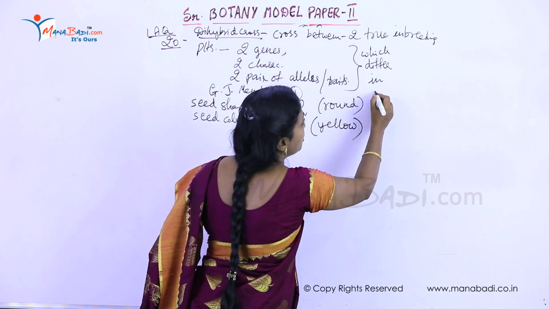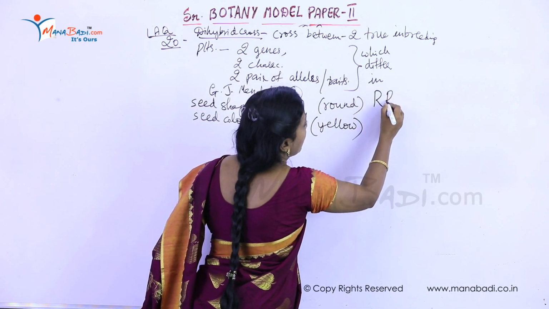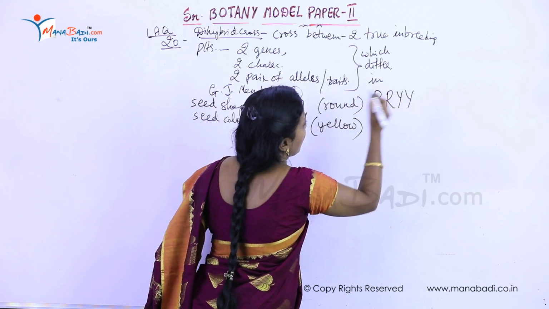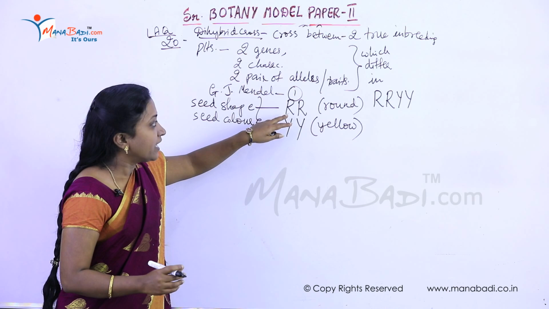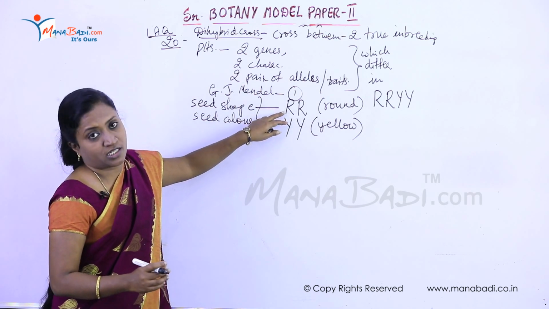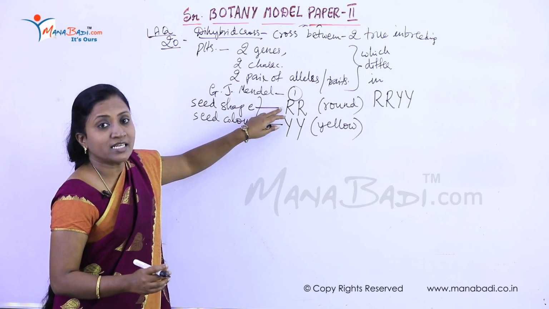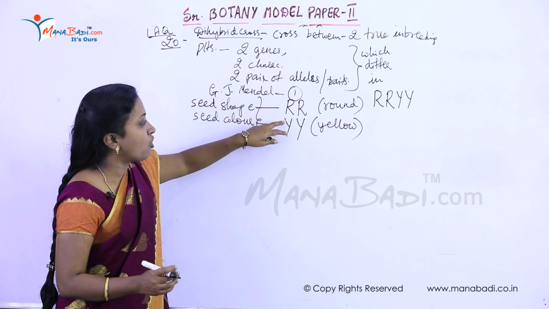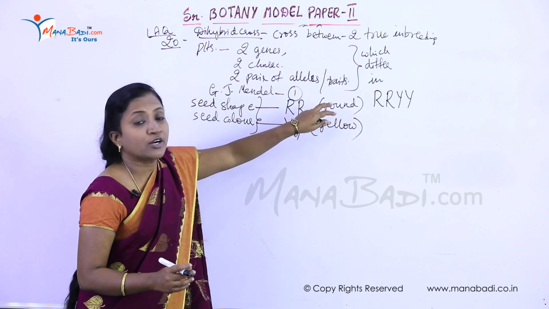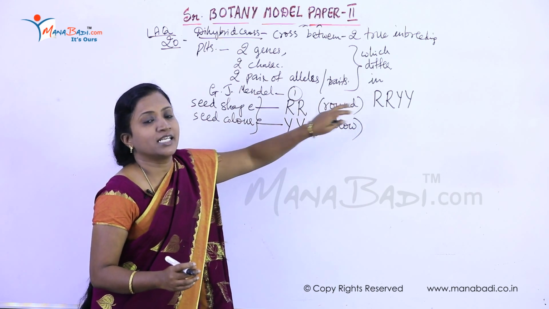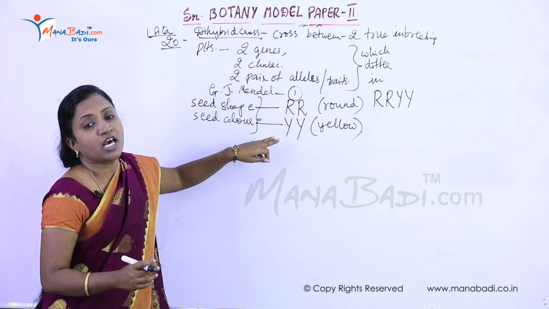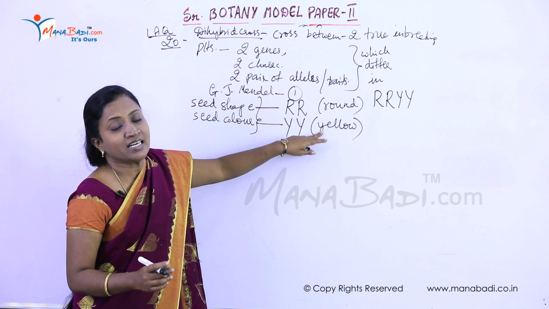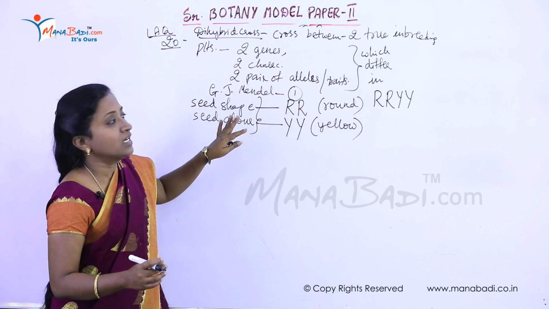The first has the genotype capital R, capital R, capital Y, capital Y. Here capital R represents the genotype carrying the round shape of the seed, and capital Y denotes the genotype for the yellow color of the seed.